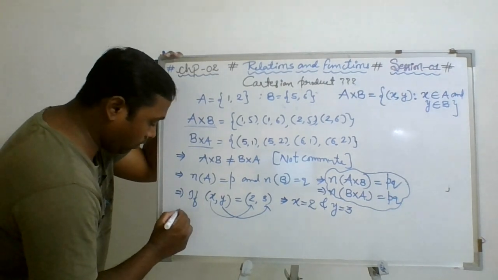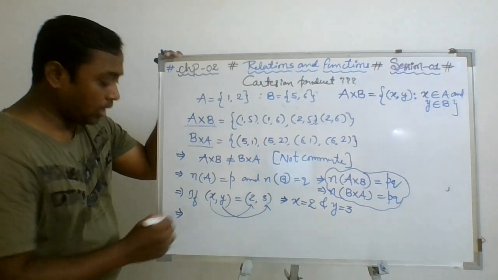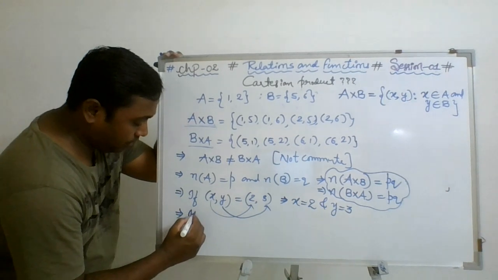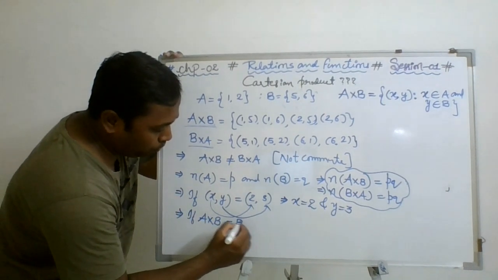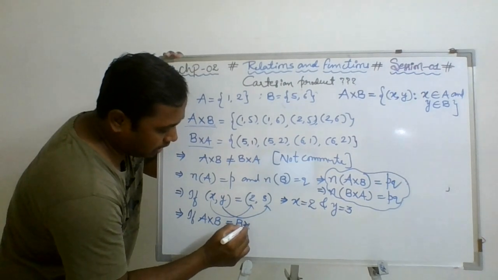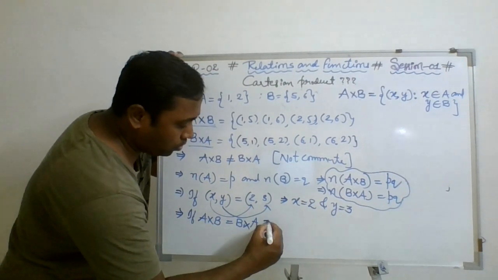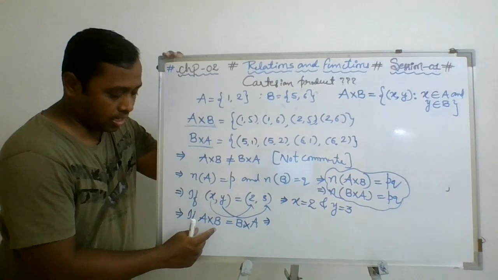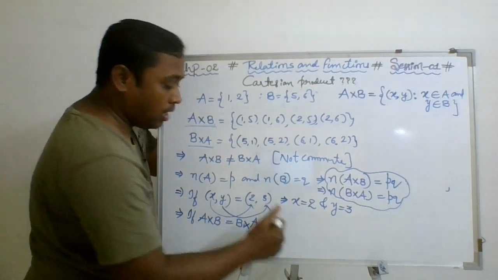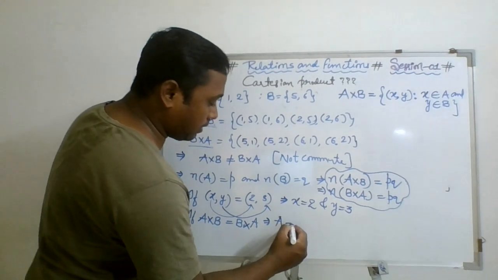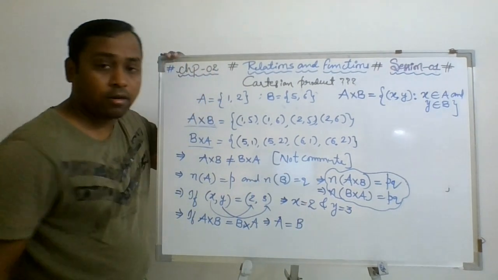Now coming to the fourth point. If A cross B is equal to B cross A, if suppose the Cartesian products of A cross B and B cross A are equal, it implies that the sets must be equal.